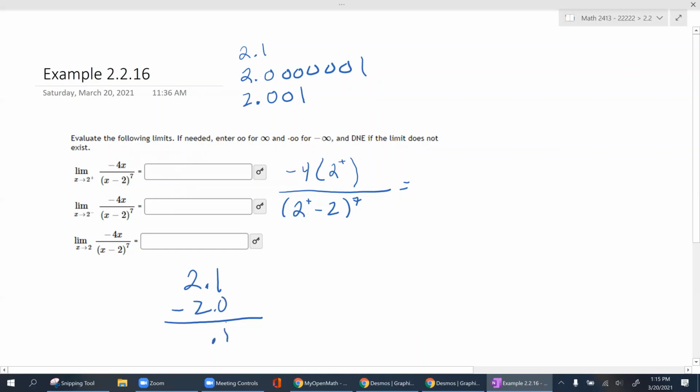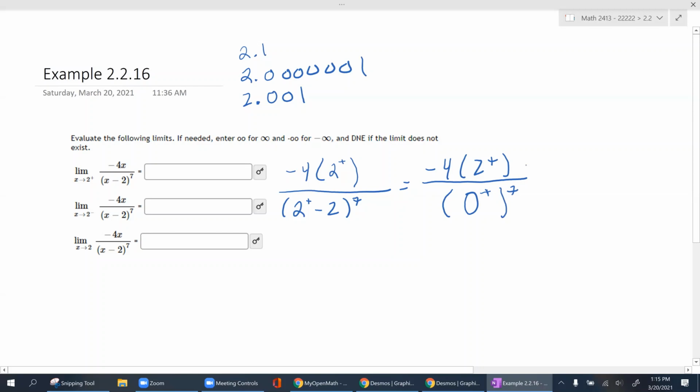You can use 2.000001. So in other words, the remainder there is going to be a very, very small number, but slightly to the right. It's just positive. The 7th power, all right.